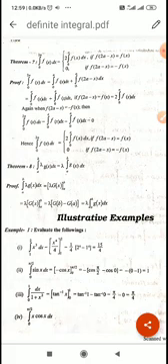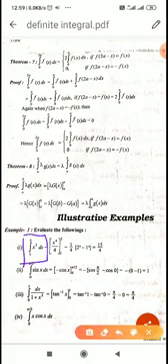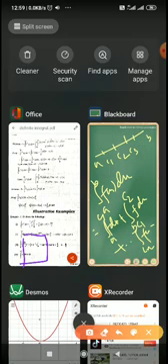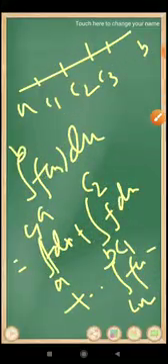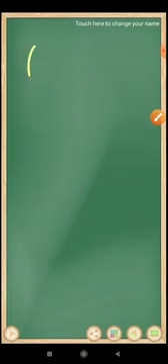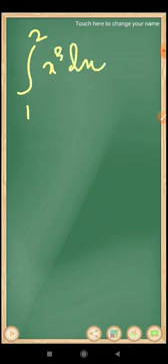Examples are, you can see this example, okay, integration 1 to 2 x cube dx. Integration 1 to 2 x cube dx.